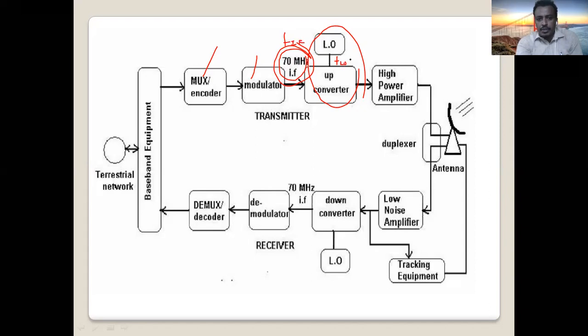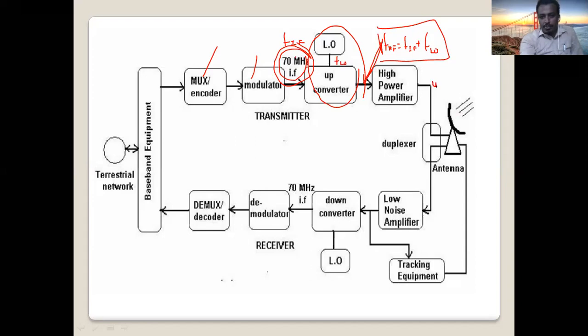So the output will be here. The radio frequency FRF will be the summation of FIF, the intermediate frequency, plus the local oscillator frequency, right? Because it's an up converter mixer, which converts the 70 megahertz.